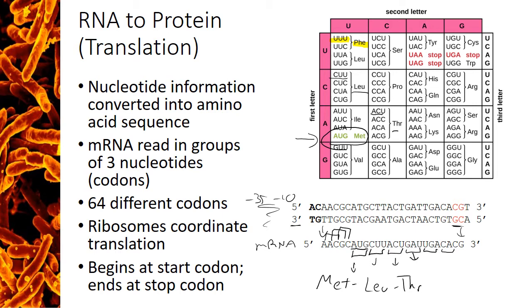GAU here is asparagine. And then UGA, when you look at the chart, you'll notice says stop. You can either write stop here, or you just stop making the protein, and now you have a protein that is made up of 4 amino acids that are connected in this way.